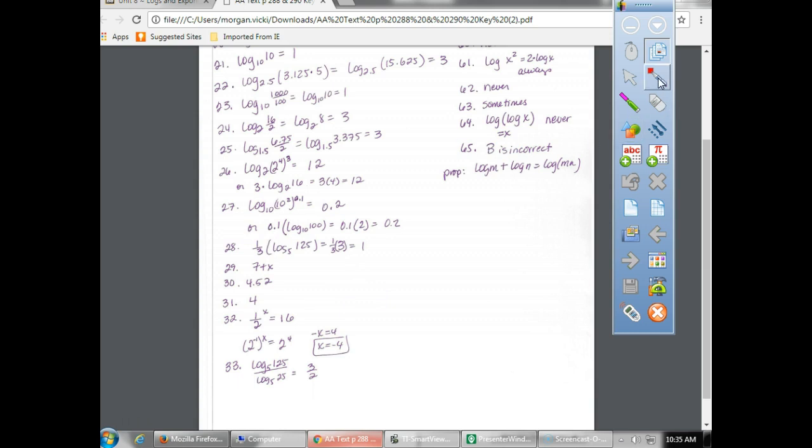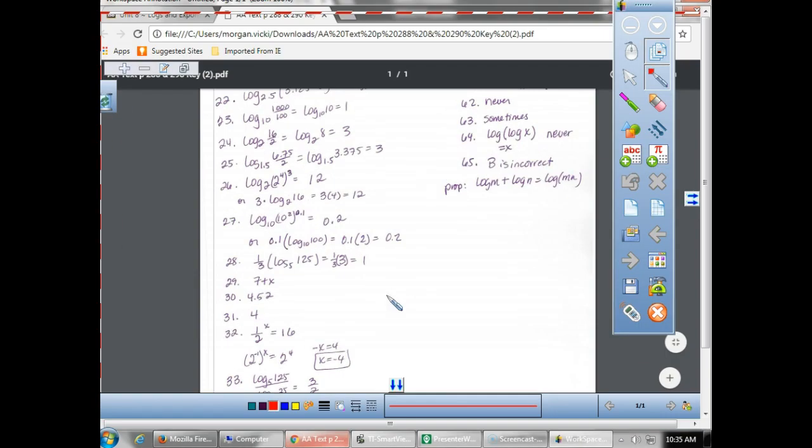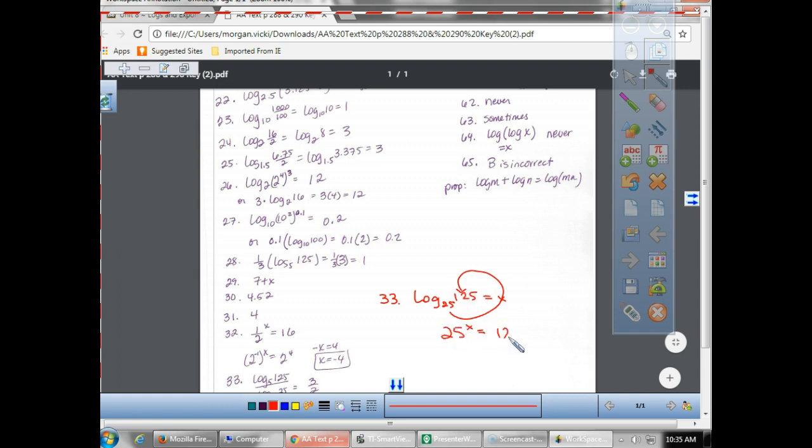So let me show you. It's the last part of our notes from yesterday. Basically, here we have log with a base of 25 of 125. So how did you solve this? Did you rewrite it as an exponential and then change to a common base? You probably set it equal to x, and then you rewrite it, so you get 25 to the x is equal to 125.